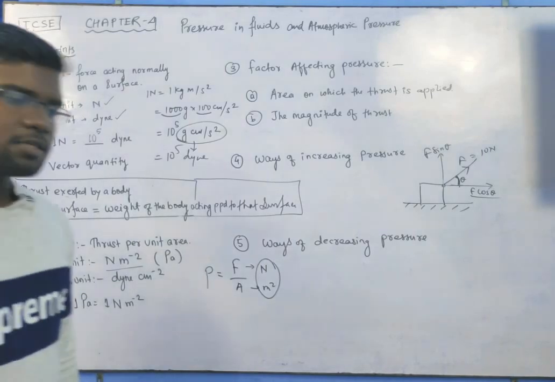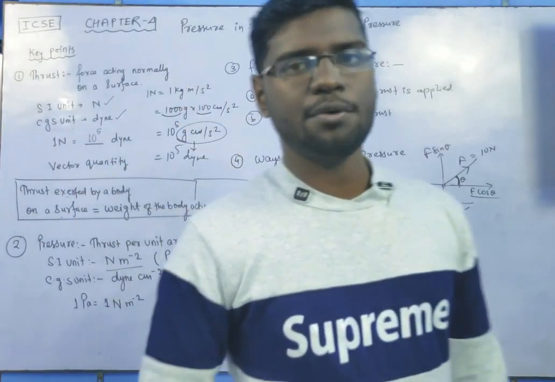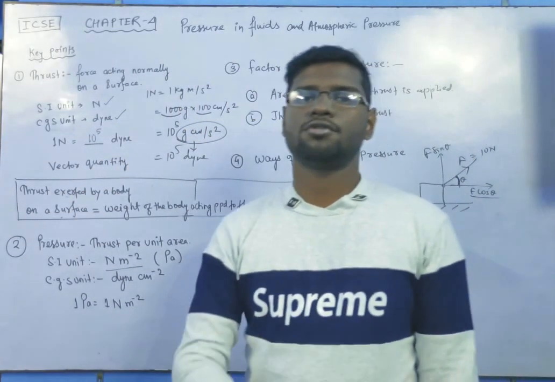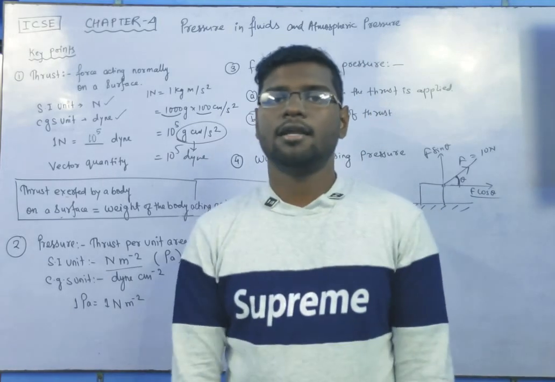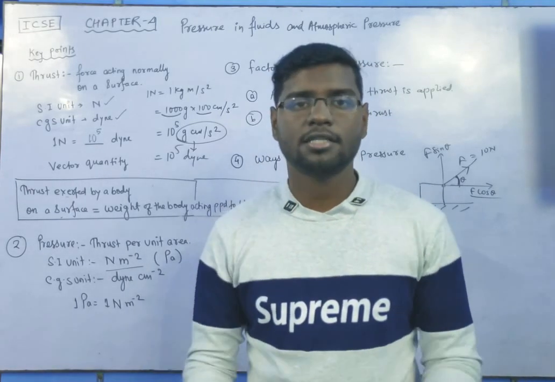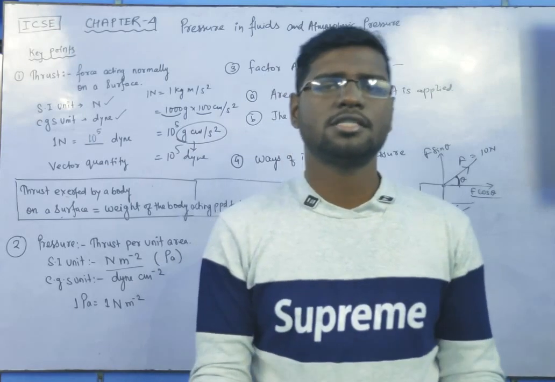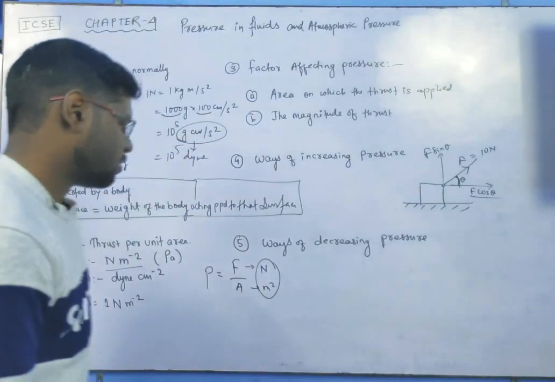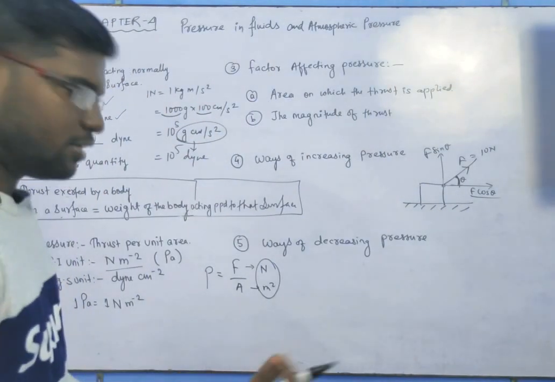Whenever you are asked what the SI unit of pressure is, you have to say Pascal. And if asked whether there is any other unit, yes, you can say Newton per meter square. There are other units also, bar, torr, etc.